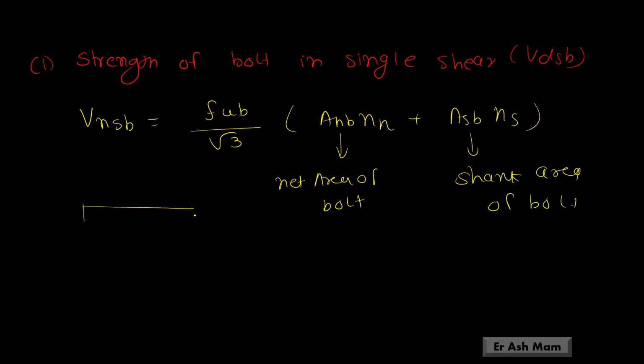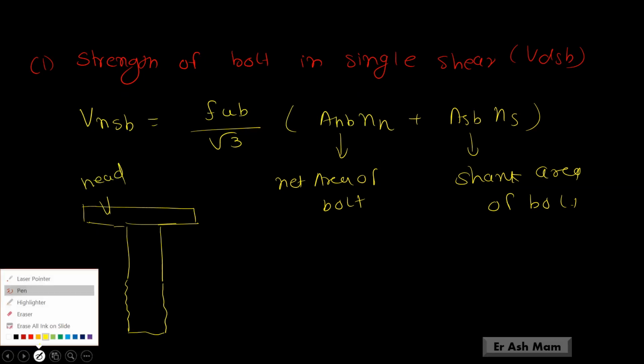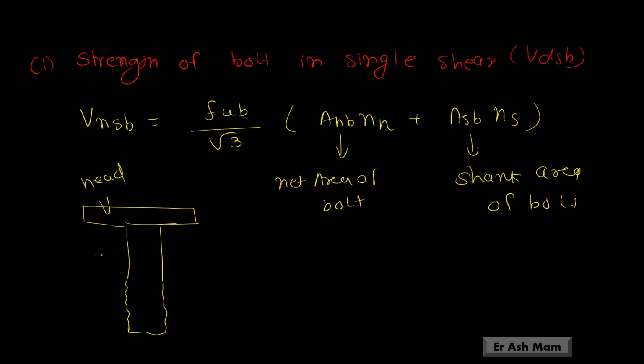So we know that the front view of bolt is like this: this one is head, shank, and threaded part, where cross section area of the threaded part is less than shank.